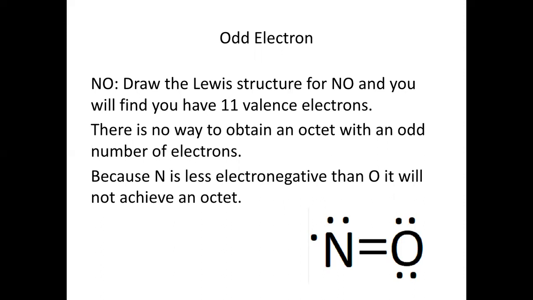So because nitrogen is less electronegative than oxygen, it will not achieve an octet. So we can see that this nitrogen here has 1, 2, 3, 4, 5, 6, 7, but the oxygen does have a full octet: 1, 2, 3, 4, 5, 6, 7, 8. So it's similar to the incomplete octet, but this is because we have an odd number of electrons.